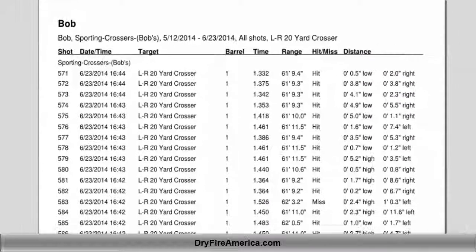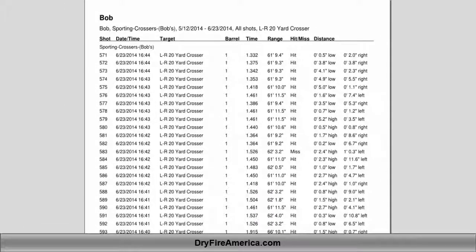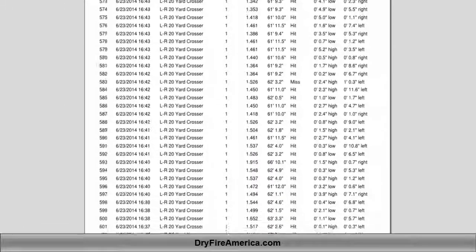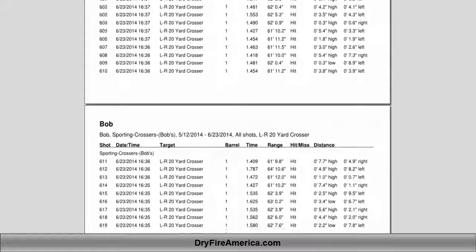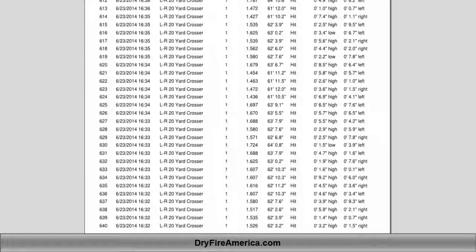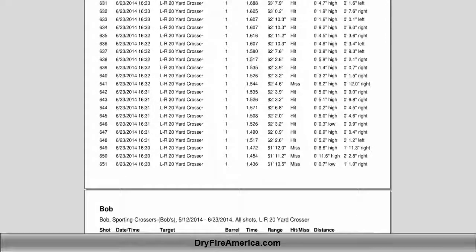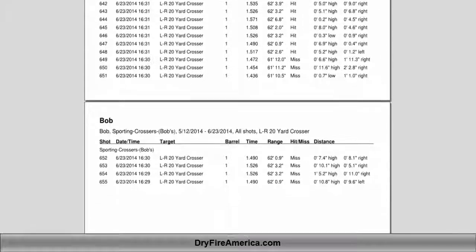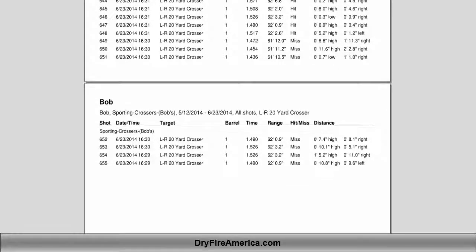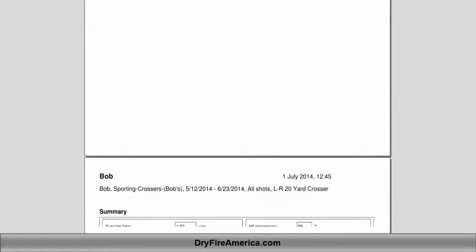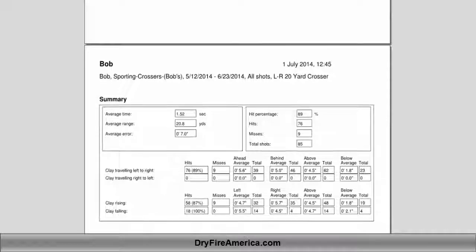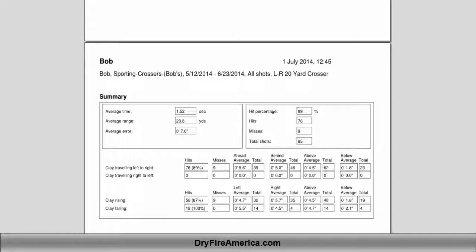Now we're going to go down and look farther down. And so here we have the first page completed. We're getting on to the second page of our 85 targets. We move on then to the third page, and it completes on the third page. And then on a fourth page, completely by itself, you're going to find the summary information.